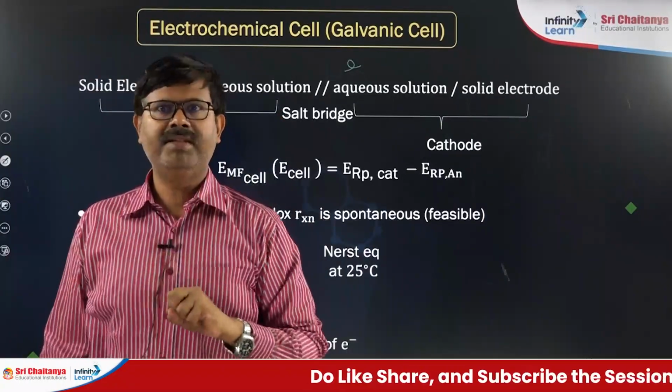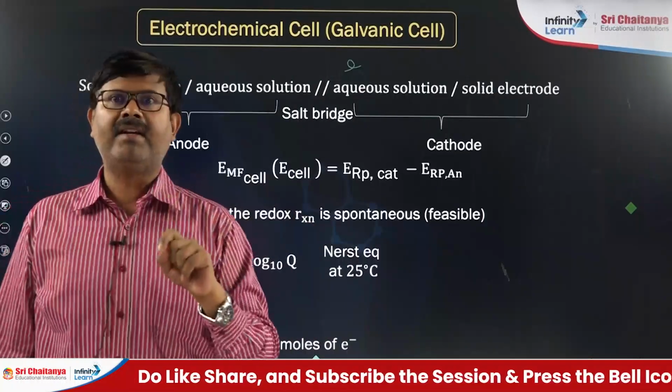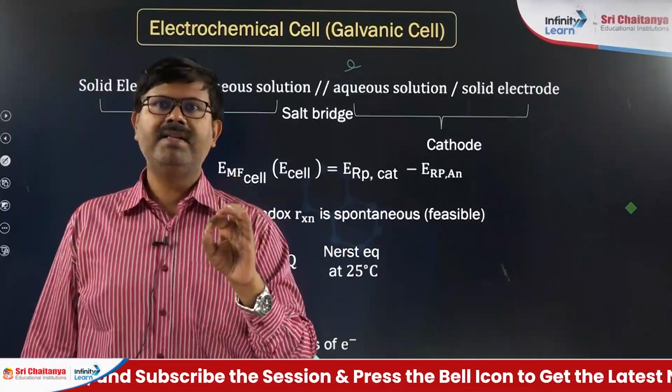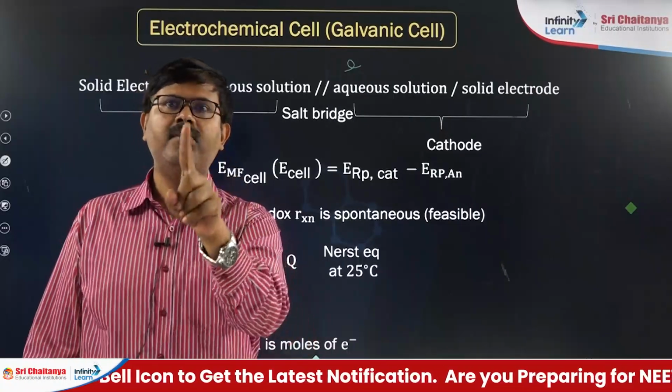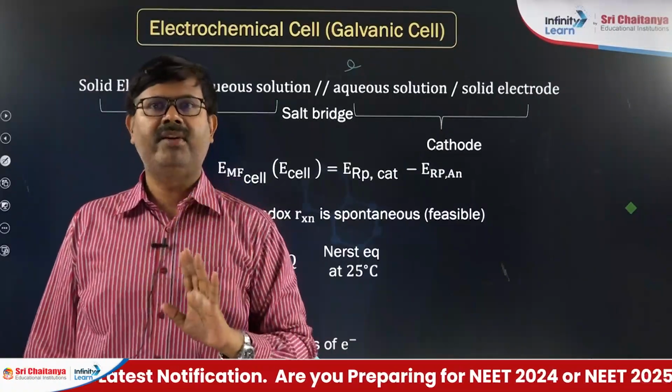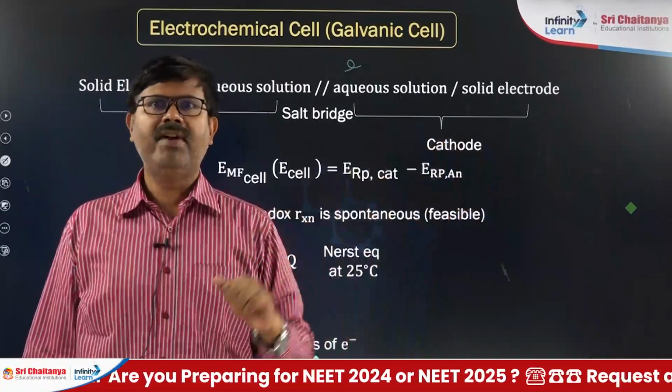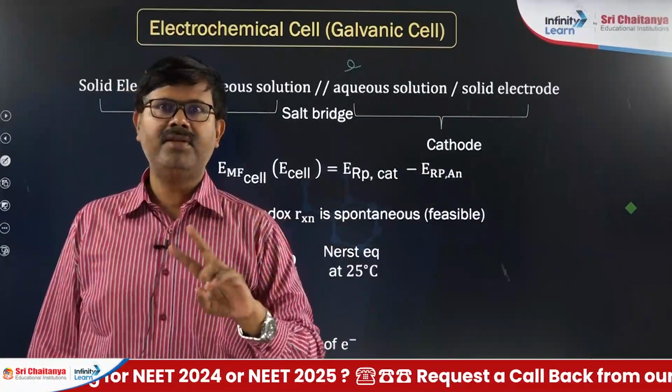The n factor, by definition, is the number of moles of electrons involved per mole of species, which we need in the application of Faraday's laws. Don't get confused between these two.